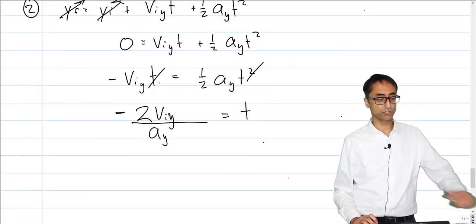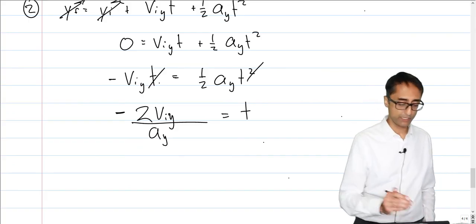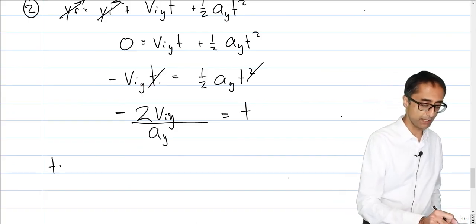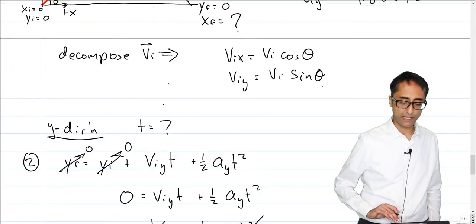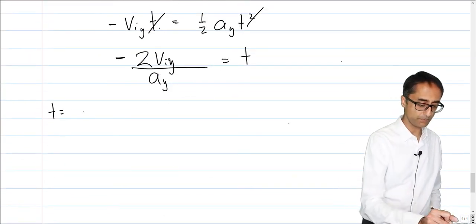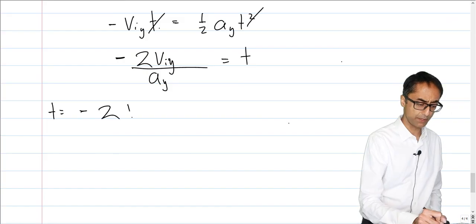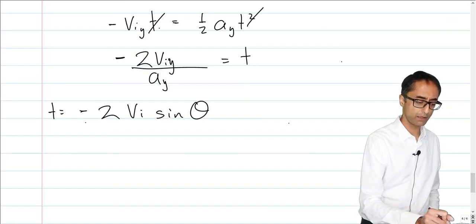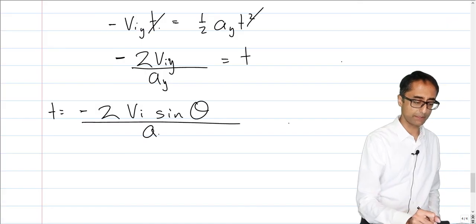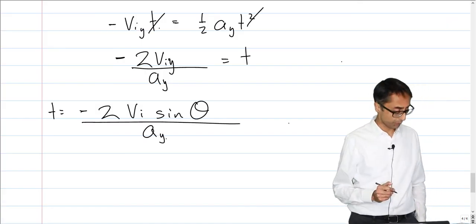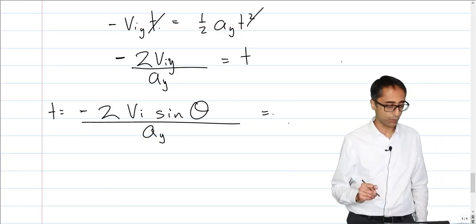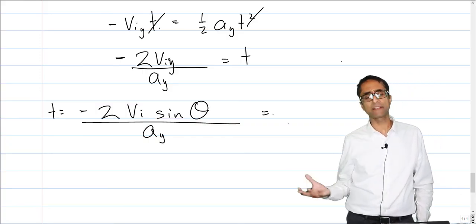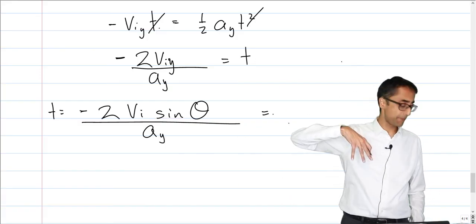And so let's finish this problem off by putting in our equation for time. Remember that v initial y we've already determined was v_i sine theta. So this becomes minus 2 v_i sine of theta, all divided by the acceleration in the y. Throw the numbers in and let's see what we get for the time. It's going to be necessary for our next one. Some people might think, well, should I just take this into my next equation?